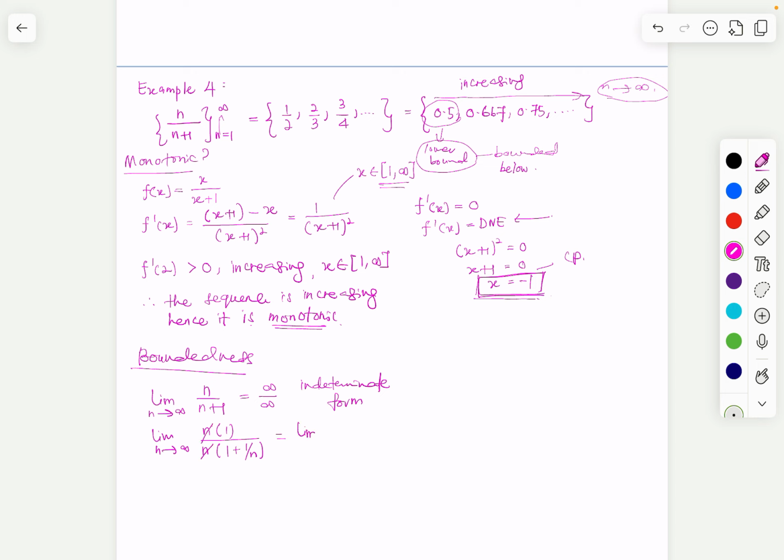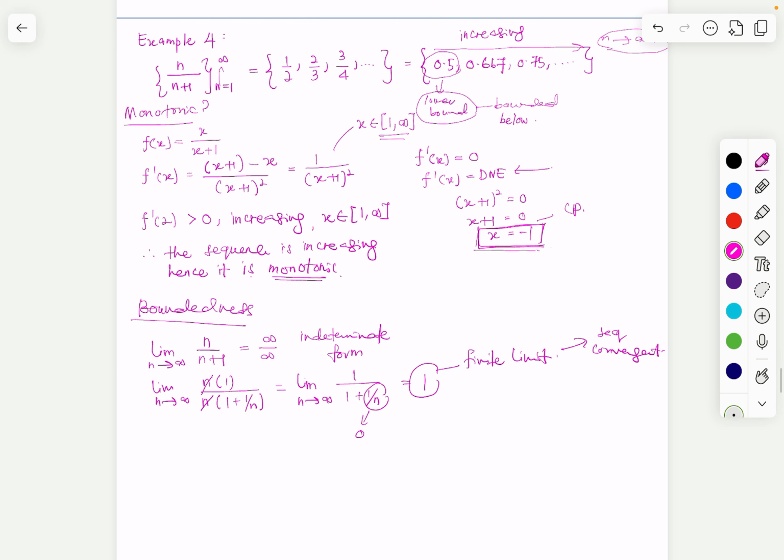So what you get is the limit as n goes to infinity of 1 over 1 plus 1 over n. You plug in n as infinity, so this part you get 0. What's left is 1 divided by 1 plus 0, which is just 1. So you have the finite limit, and you can conclude that the sequence is convergent. This is one option, or you might want to apply L'Hopital's rule.